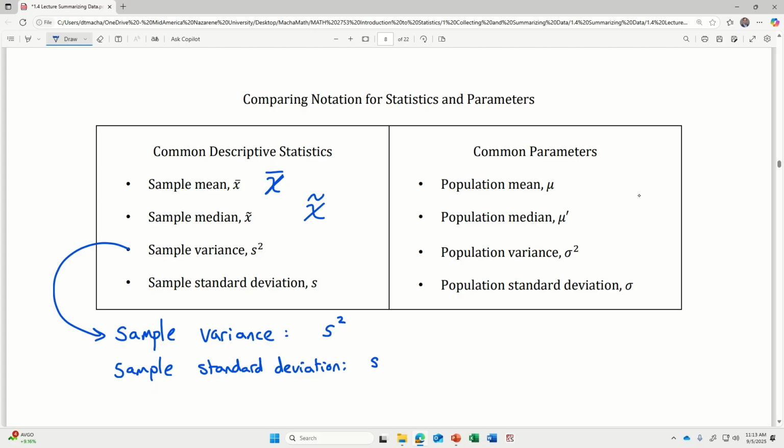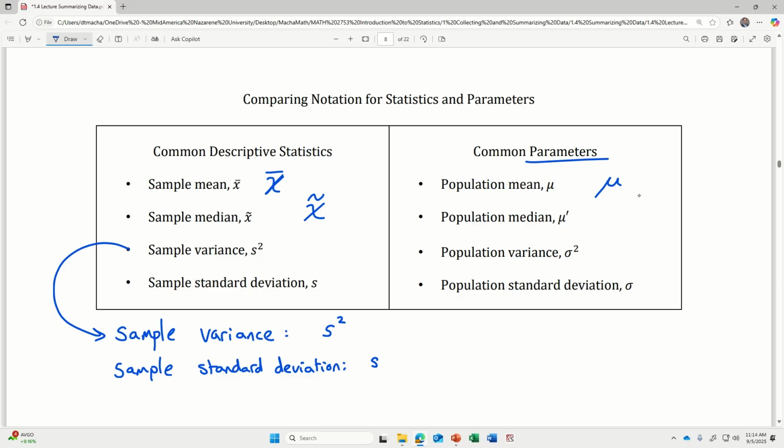These are descriptive statistics. So this is what you calculate after you have your data set, after you have your measurements. On the other side, we've got parameters. A population mean is an example of a parameter. We'll never know what it really is, but it definitely exists. And we're going to use a lowercase Greek letter mu to represent that it's a parameter, that it's the mean.